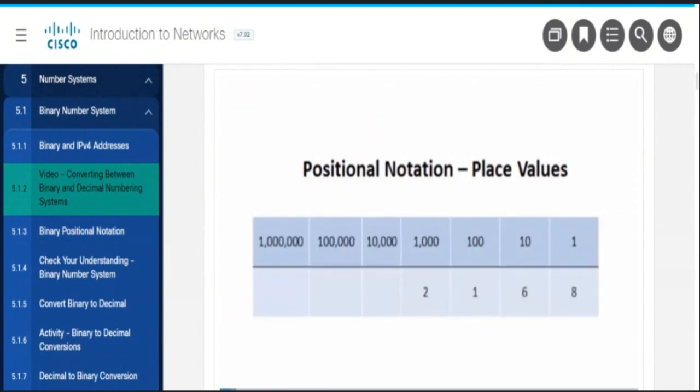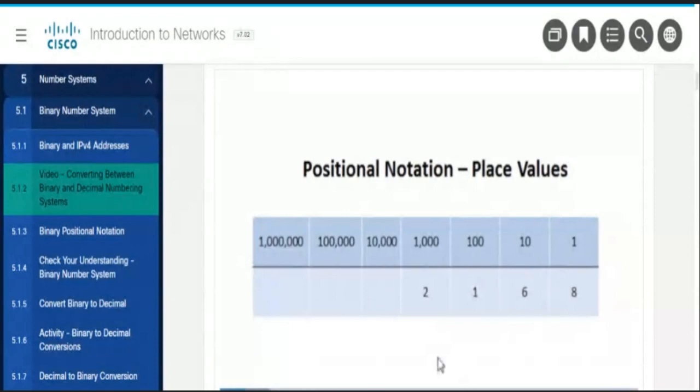If we look at the place values of the number 2,168, we can see that they have the ones place, the tens place, the hundreds place, the thousands place, 10,000, 100,000, and million. These are the place values of the base 10 decimal number system.